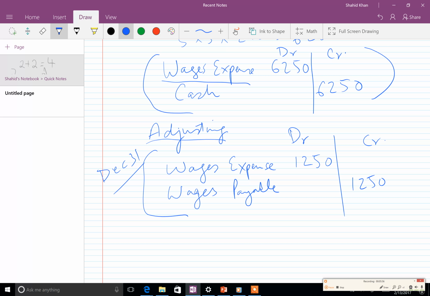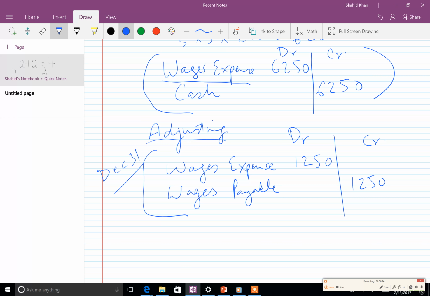Why are we doing this entry? Because we want to make sure that the wages expense, which belongs to the month of December, is recognized in that month, because this is the work that has been done by these employees in that month, and the expense has been incurred already. Although we have not paid cash for it yet, we have to pay the cash the following Friday.